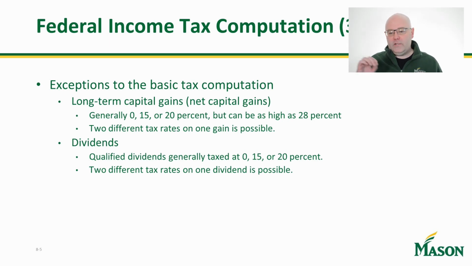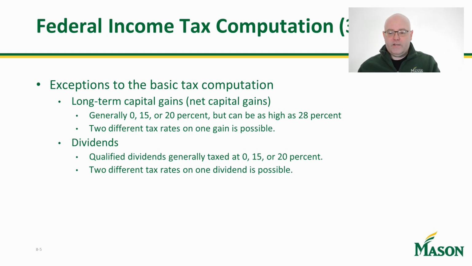So it says here in the bullet points, and I'm looking down because it's just below us, two different rates on one gain is entirely possible. How is that possible? Say the 12% rate ends at $75,000, and I'm making that up because I don't have the table in front of me. Again, that's not something I would memorize because it changes every year.